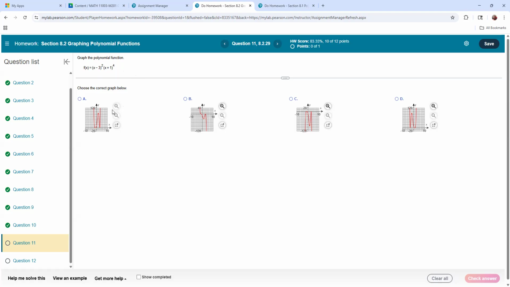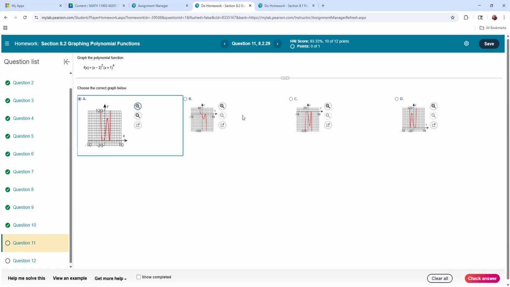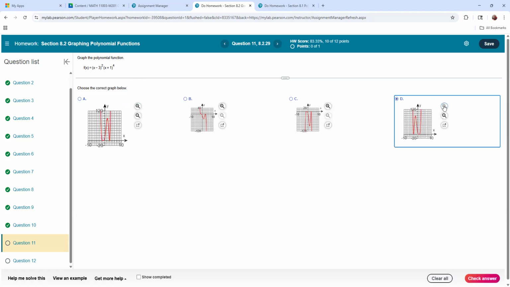So it's either A or D. So we're looking for, since that's x minus 3, we want this one to touch at positive 3 and negative 1. So that looks like it's touching at negative 1 and 3 for A. That's what Ben got.